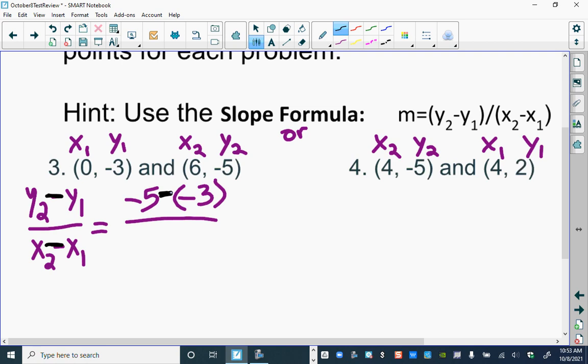Now for the x's, it's not going to matter as much. Because for your x, you got 6 minus 0. So minus negative. That's the setup. But then, here's what happens.